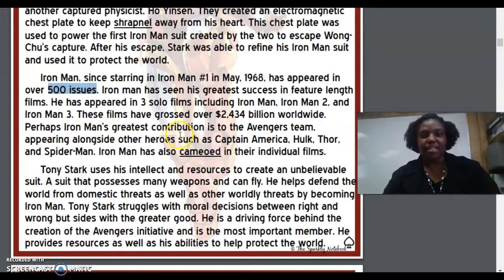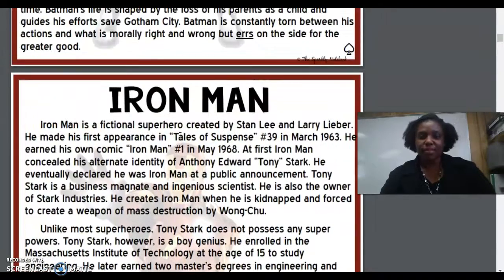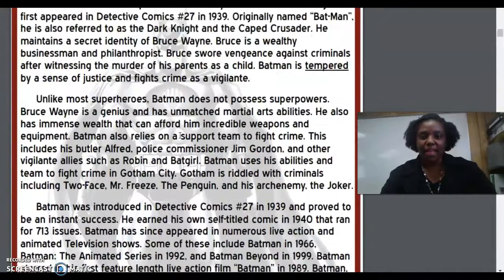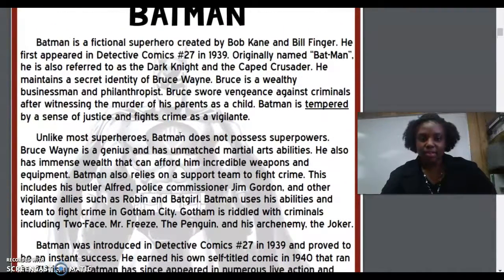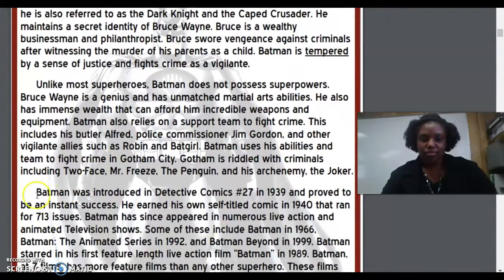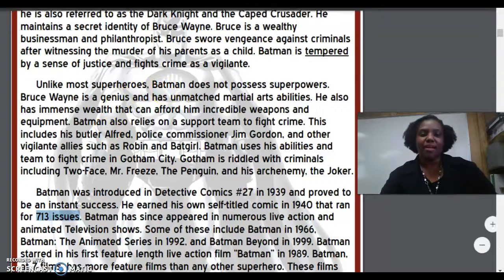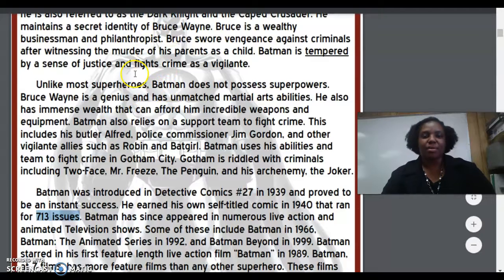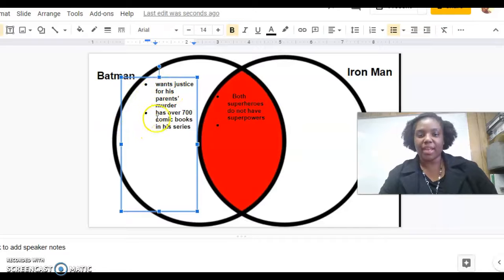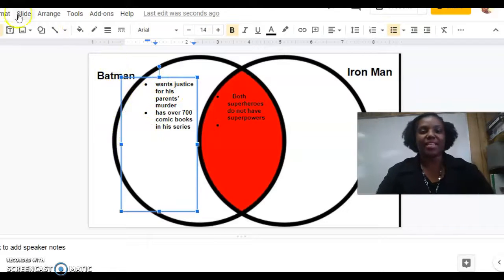So that means it's not true for both of them. And Batman has 713. So that statement is true for Batman, but not for Iron Man. So we will go and put that on Batman's side of the Venn diagram. So right below the first bullet point, I added that he has over 700 comic books in his series.